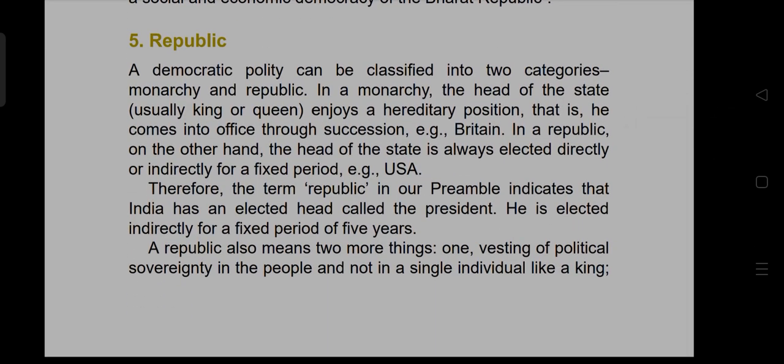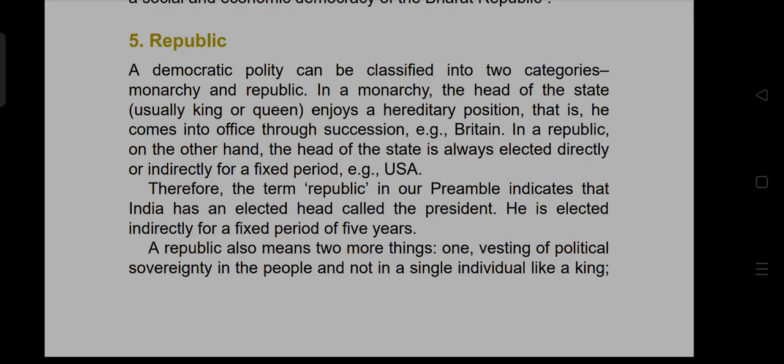Fifth, Republic. A democratic polity can be classified into two categories, monarchy and republic. In a monarchy, the head of the state, usually a king or queen, enjoys a hereditary position, that is, comes into the office through succession. Example, Britain. In a republic, on the other hand, the head of the state is always elected, directly or indirectly, for a fixed period. For example, the USA.